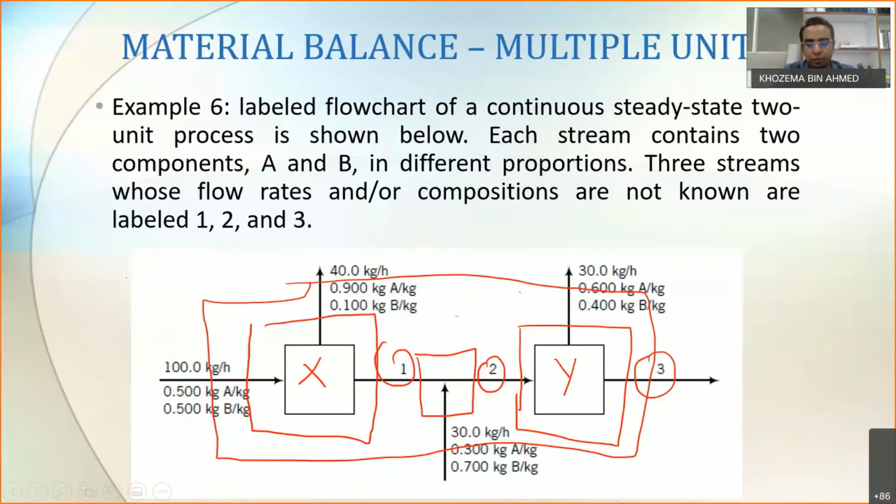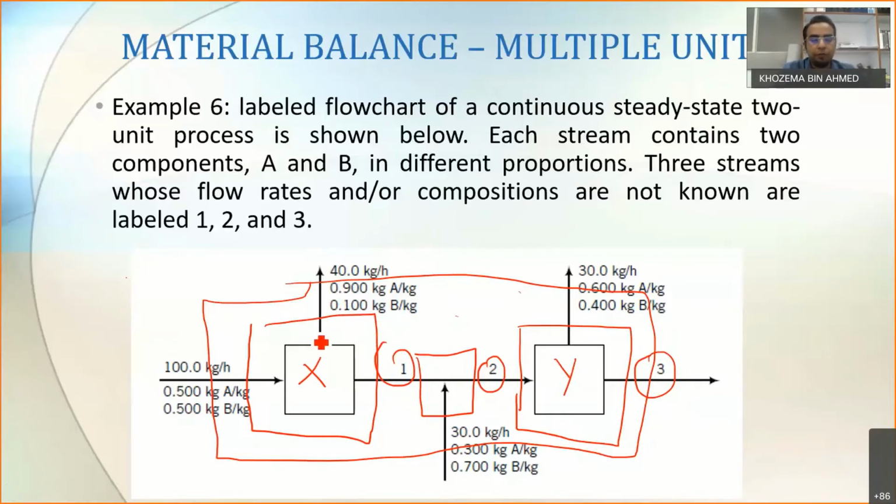So how do you do this? First we identify the system, and then do degree of freedom analysis on each system. Because if you just start solving, sometimes there might not be enough information, and you'll be wasting your time.